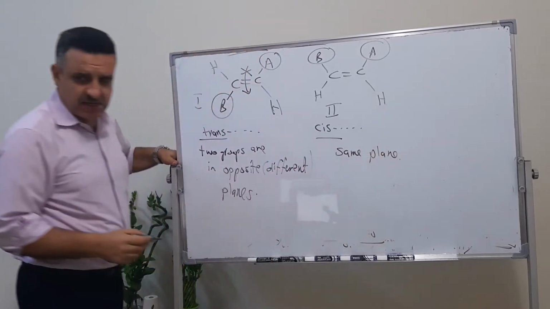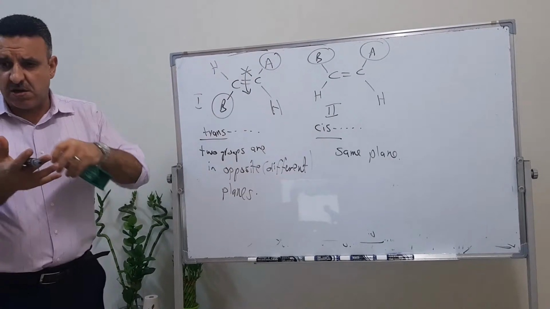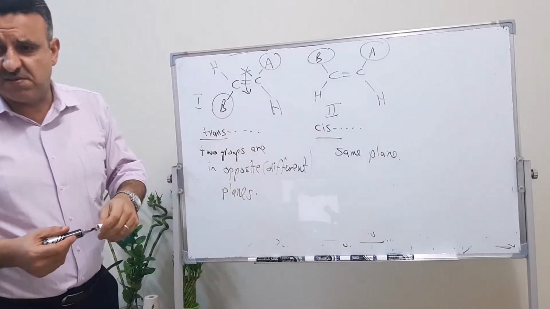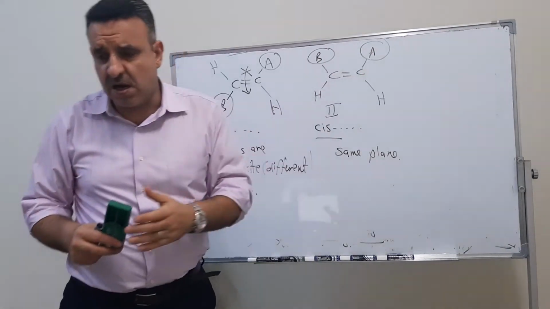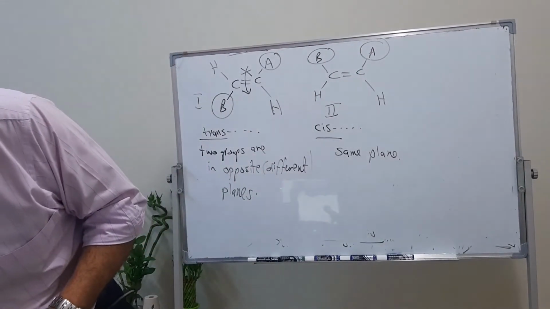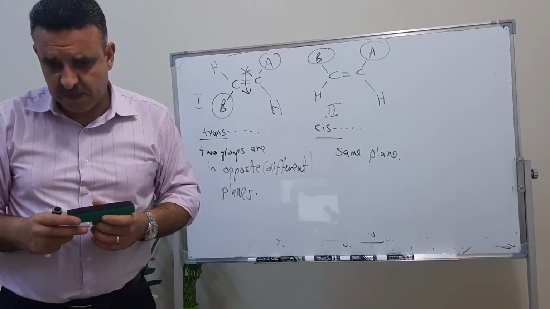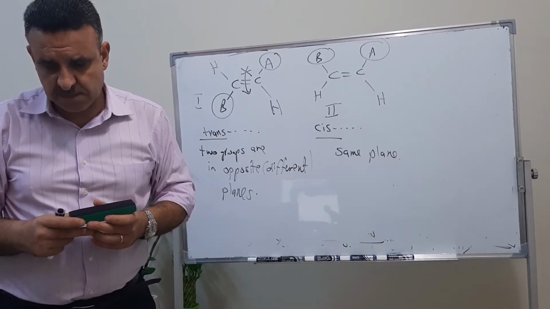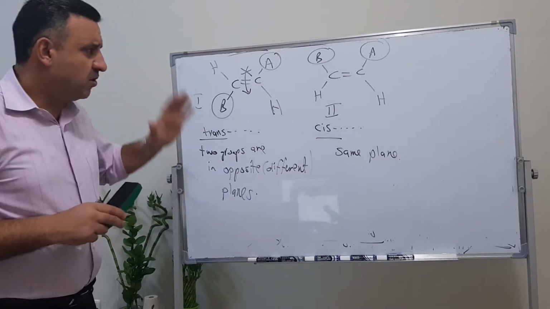Do you follow me, guys? So this is trans because the two groups are in opposite planes, while here in the cis, the two groups are in the same plane. Is there any question about the cis and trans? Perfect. So that's always the case.